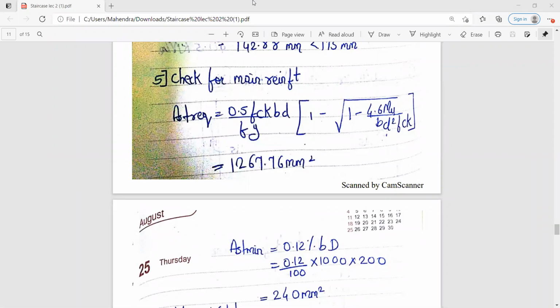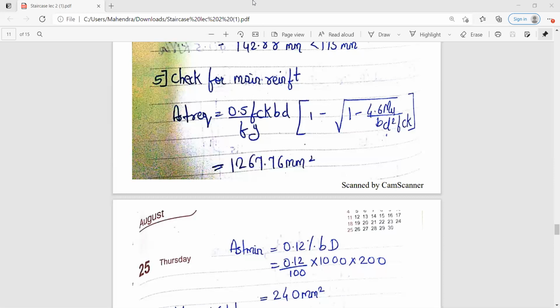Now mu is nothing but the bending moment, that is 70.43 into 10 raised to power 6 upon BD square, that is 1000 into 175 square into 25. So you will get the value for AST required as 1267.76 mm square.